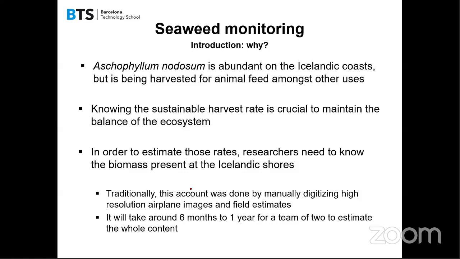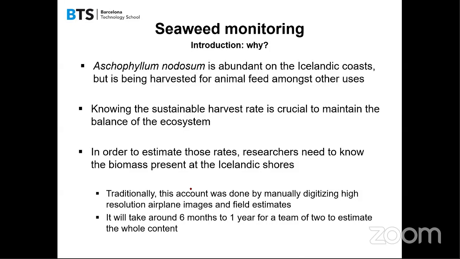So it's very important to know both the extent and the biomass, which you can think of as kilograms of seaweed per square meter. In order to estimate those rates, the researchers need to know this biomass at the Icelandic shores and look at what the sustainable rate is.